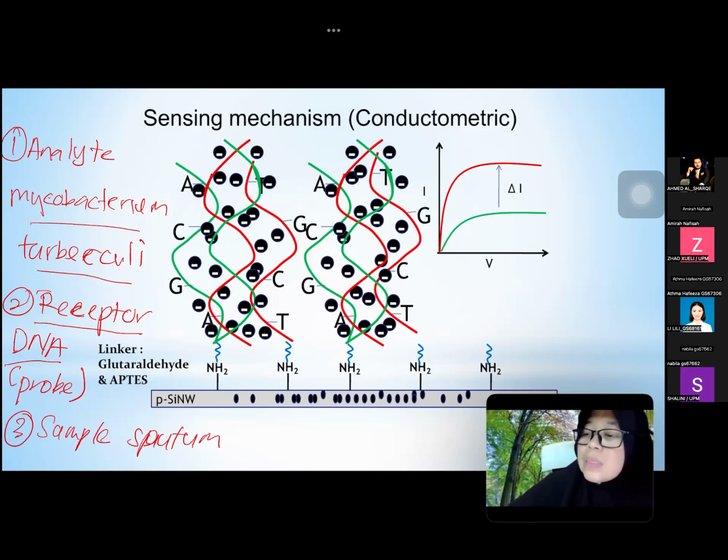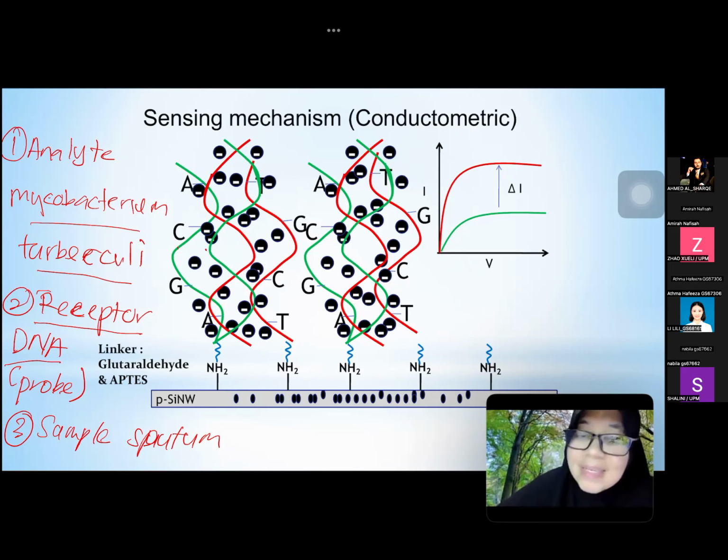Okay, let's look at the colors first. You have green and red here. Imagine that all those green and red are DNA.